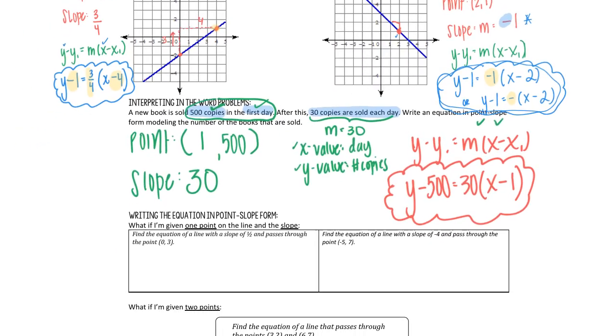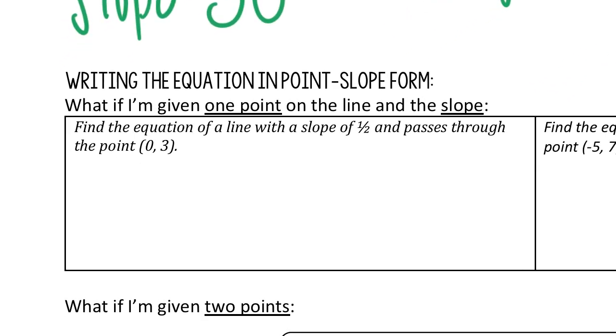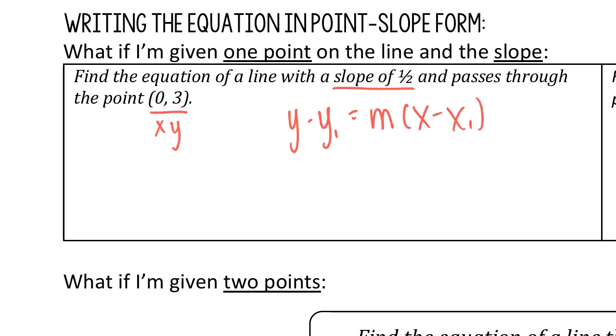The last thing we're going to focus on is how to write the equation of a line in point slope form. If you are given simply the slope and a point, you can just plug directly into the equation. So for example, on this problem, we have the slope, we have the point, you can label it x and y, and then you can just very simply plug it into point slope form.